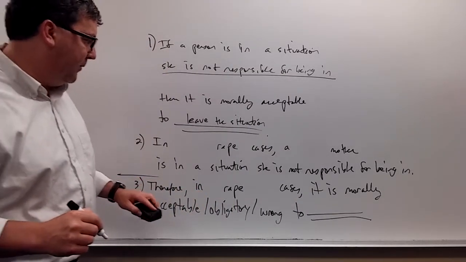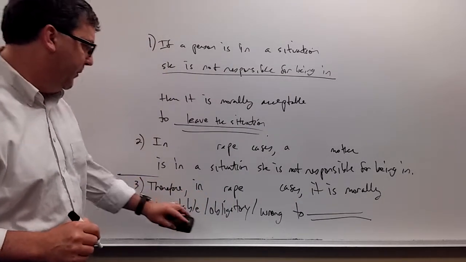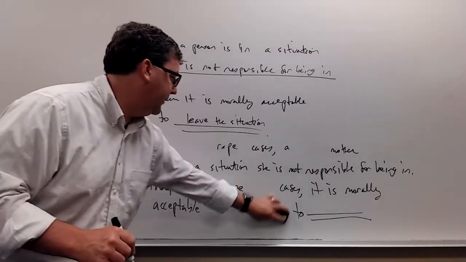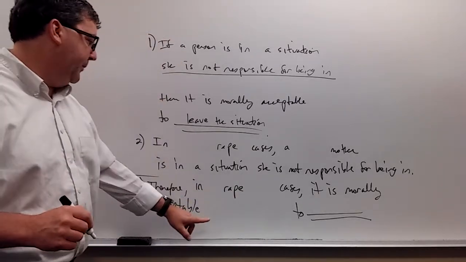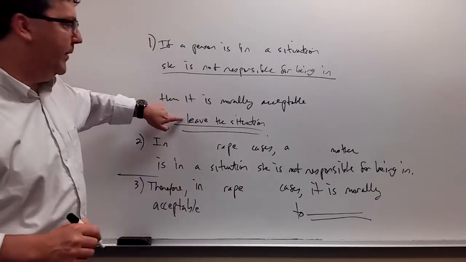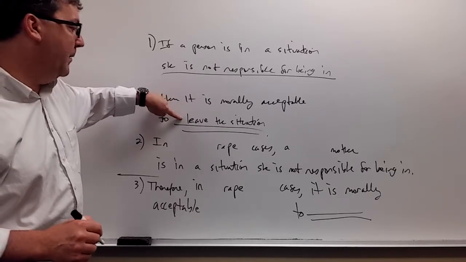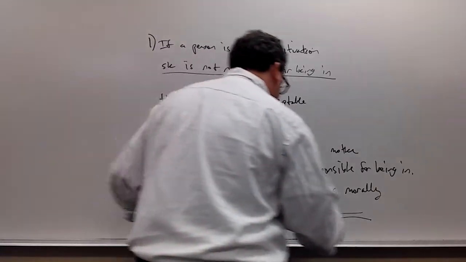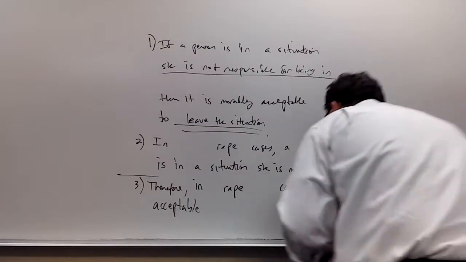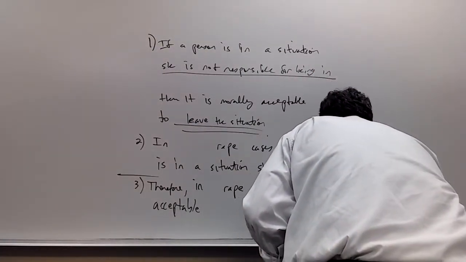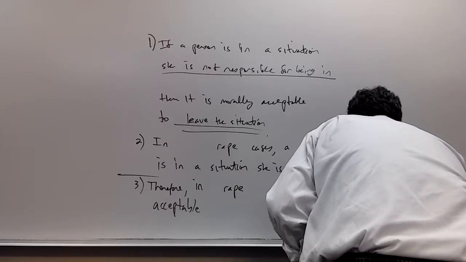Therefore, in rape cases, we're almost done. Now again, we're using the word acceptable, so I'm going to erase these. It's morally acceptable to, and then again, we've got to use the same words there that we have in the then part of number one to, I'm sure at this point you can see where this is going, to leave the situation.